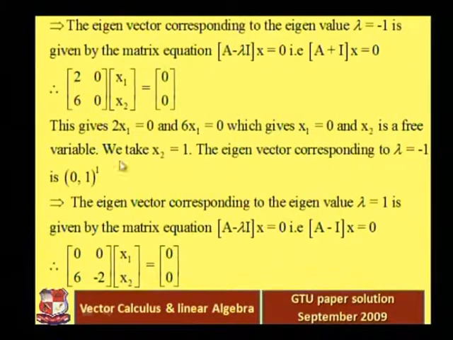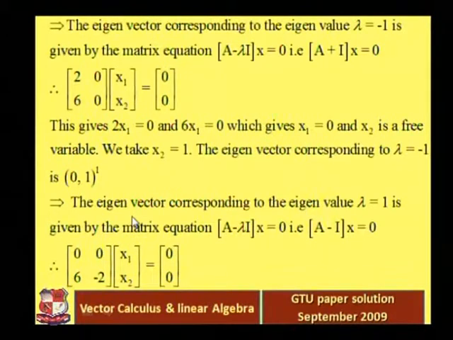So take x2 equal to 1, and the eigenvector corresponding to lambda equal to minus 1 is 0 1, because x1 is 0 and x2 is 1.